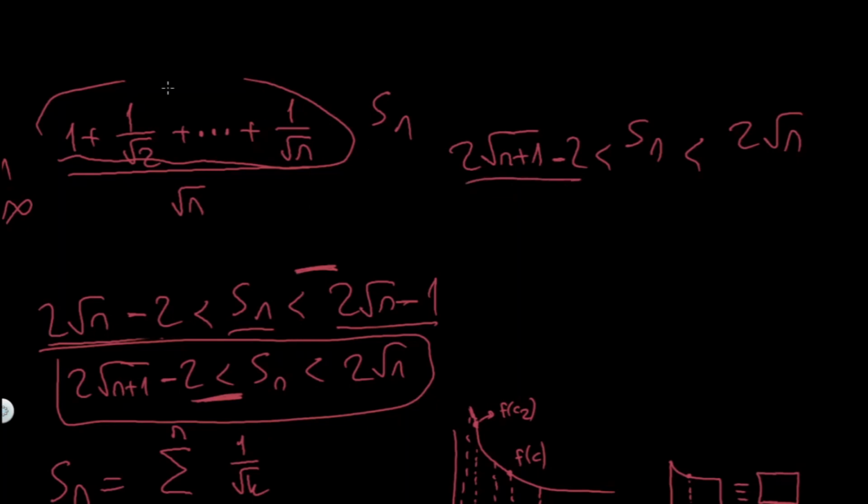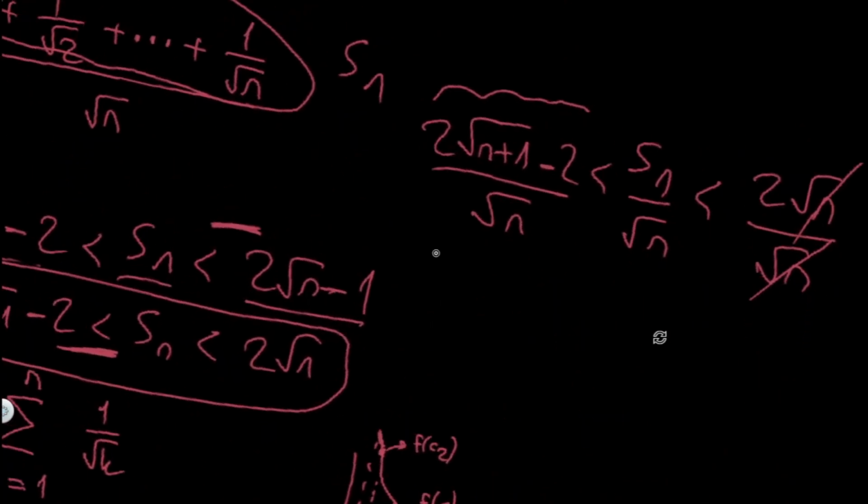So in the question I have Sn over square root of n. So if I just divide all sides by square root of n, this right side is literally just 2 for any value of n. And so now, if I can show that this left-hand side goes to 2 as n goes to infinity, then I could say that by the squeeze theorem, this limit is going to be equal to 2.